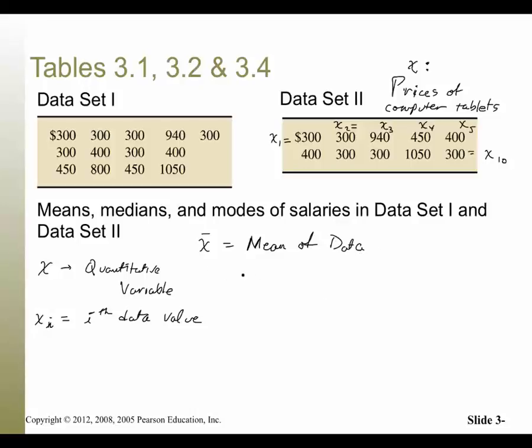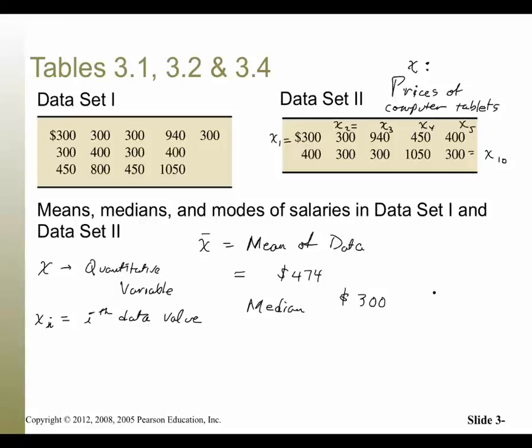What did you get for the mean? 474? And what'd you get for the median? 300? Yeah, you should, there's two middle values. The fourth in the list was 300, and the fifth in the list was 300, so the average of 300 and 300 is 300. 350.